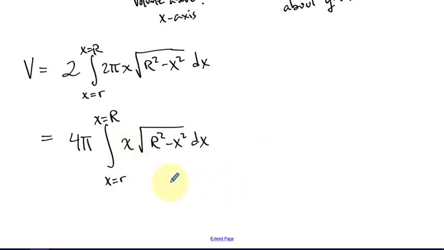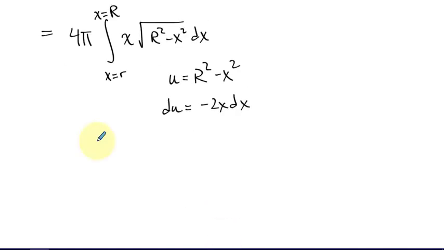So let's use a substitution. u equals big R squared minus x squared. So du would be negative 2x dx, and we can switch out the differentials that way. In fact, let's just do this extra step here of solving for dx.